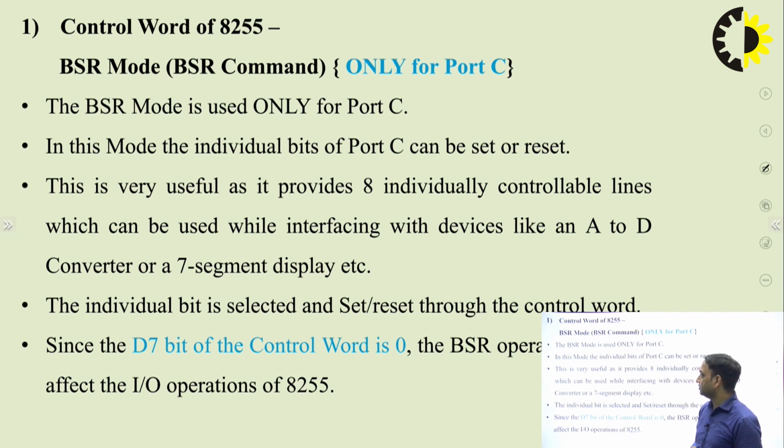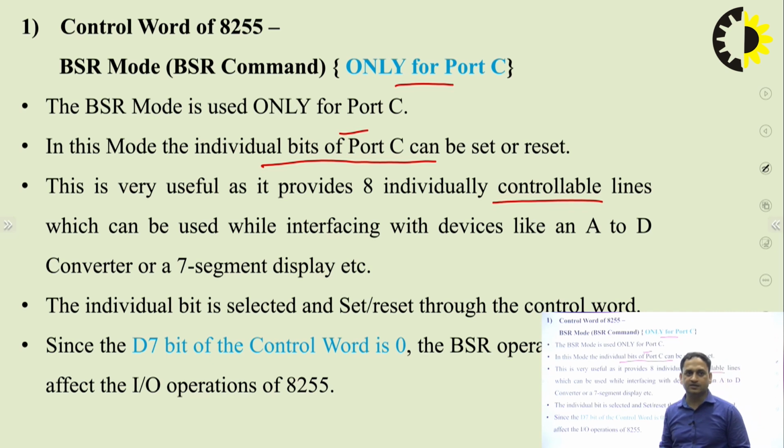If we talk separately about the control word of the 8255, we will briefly discuss the BSR mode, which is only for port C. As we said, in this mode individual bits of port C can be set or reset, and it is very useful as it provides 8 individually controllable lines which can be used while interfacing with devices, an A to D converter or a 7-segment display.